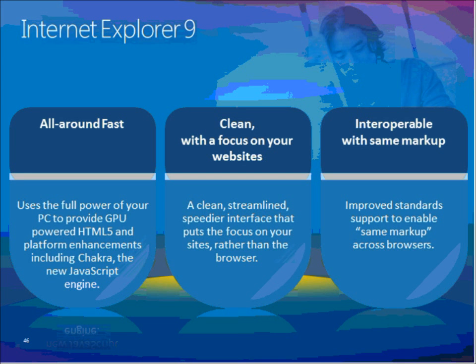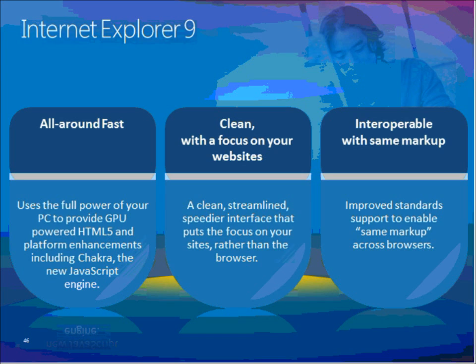So as you can see, with Internet Explorer 9, we've done a lot to make your experience as a developer much better, and make the experience for users who are browsing the web much better. We've made it fast all around by using the full power of your PC to provide GPU-powered HTML5 and platform enhancements, including the Chakra JavaScript engine.